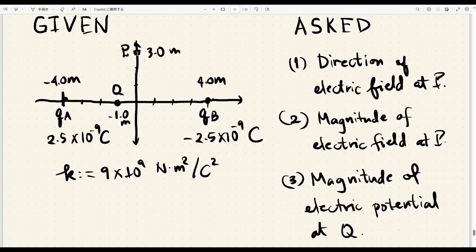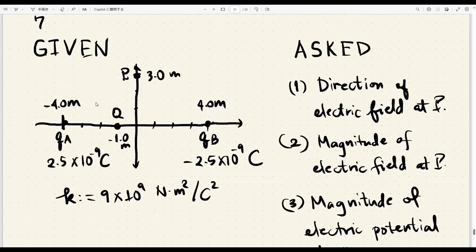So let's look at the first problem, the direction and the magnitude at P. First, the direction of the electric field. The electric field points away from the positive charge and towards the negative charge. So if we draw the electric field due to QA, it's going in all directions, away from QA.